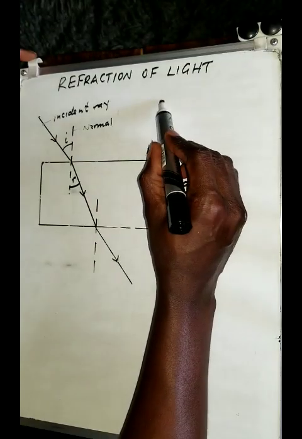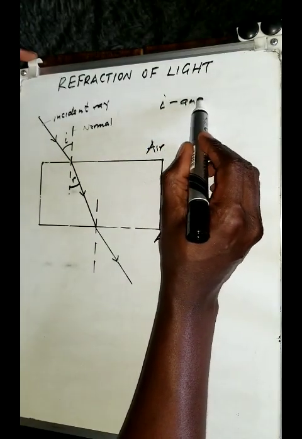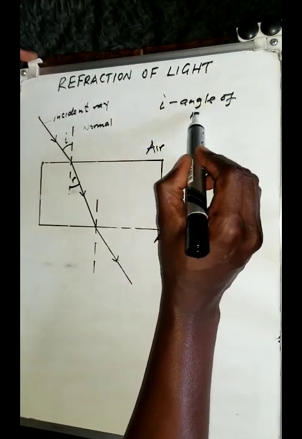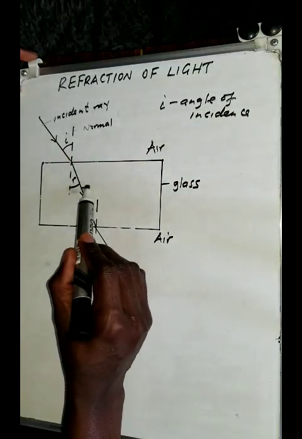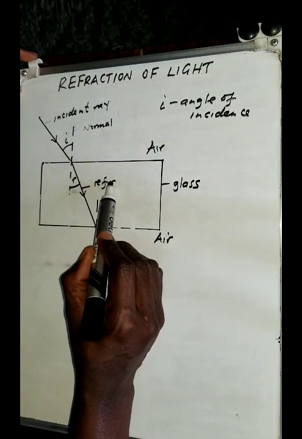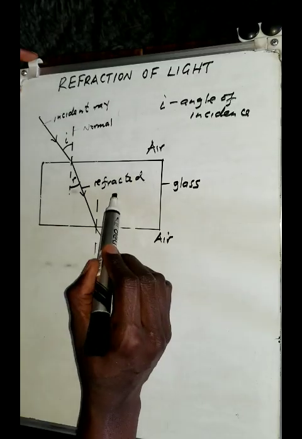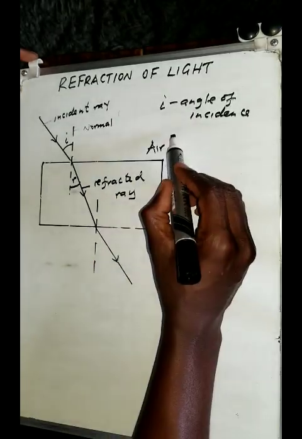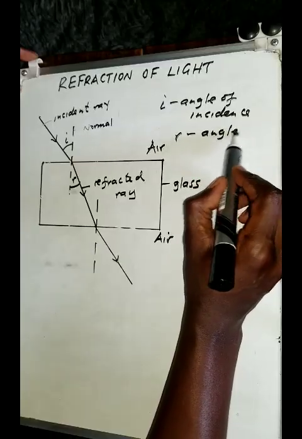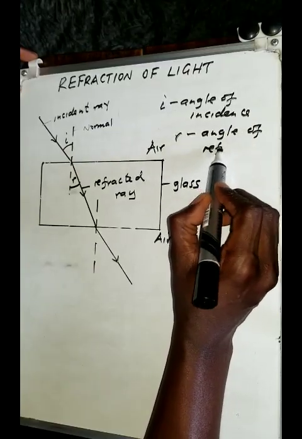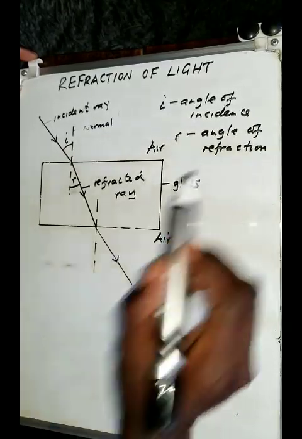I is representing the angle of incidence. Then this one that we have here is the refracted ray. And remember your small r there, that is representing the angle of refraction.